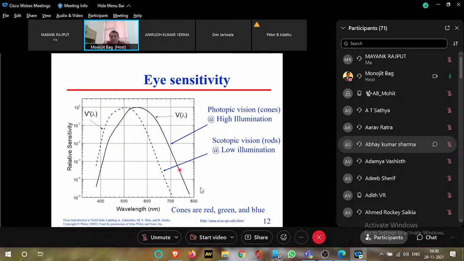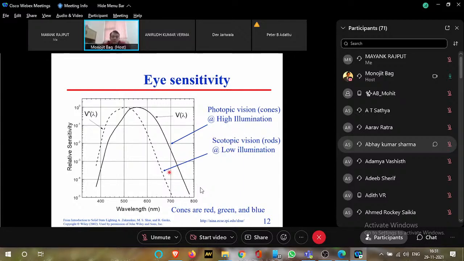So if you have the same intensity of blue, red or green color, we will see the green as brighter than the blue or the red color, right? That is what our eye sensitivity is. So whenever we design a light source, we have to make sure that in our eyes the colors are much brighter, so our eye sensitivity matches with the light source itself.